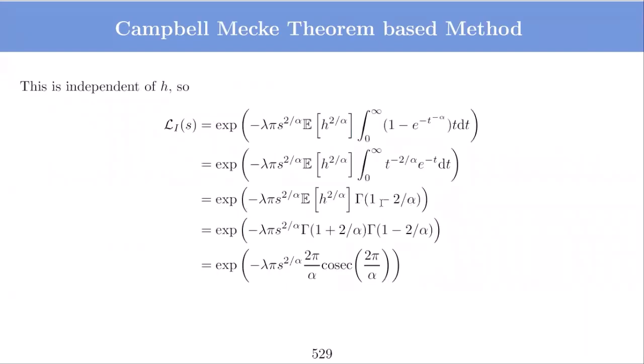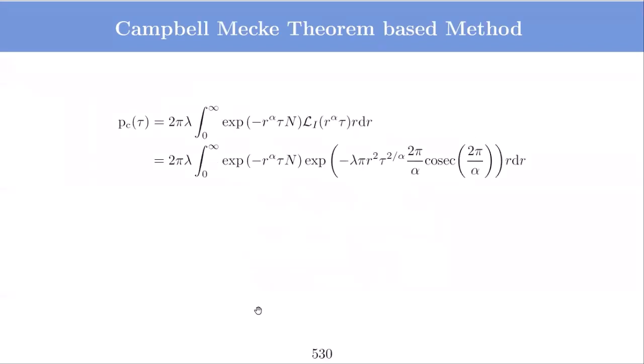Once I put this back, I get this term, and the expectation of h to the 2 by alpha for Rayleigh fading is gamma(1 plus 2 by alpha). If you multiply the two, what you get is 2 pi by alpha cosec(2 pi by alpha). So this is the Laplace transform of interference which I get. If I put it back in the expression, this is what I get.